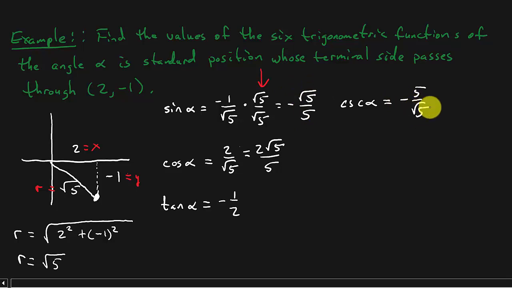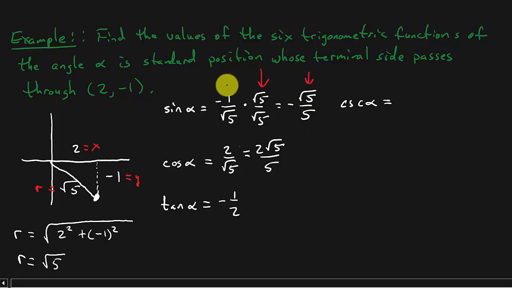Now I've got to rationalize the denominator. And if I rationalize the denominator, that's going to give me -5 square root of 5 over 5. And the 5's cancel out, and I'm just left with negative square root of 5. Okay? You can do that, that's fine, but you put a whole bunch of work on yourself that you don't need to.